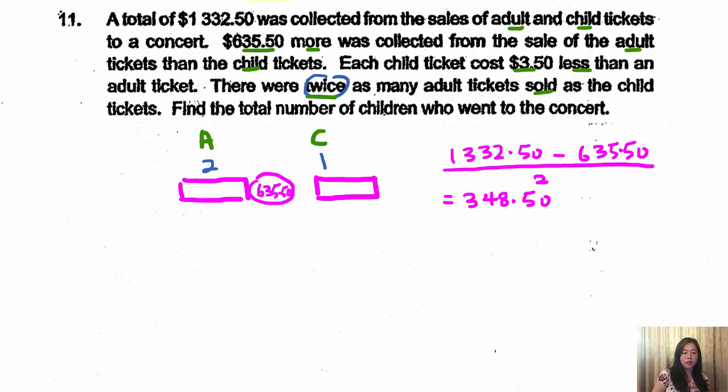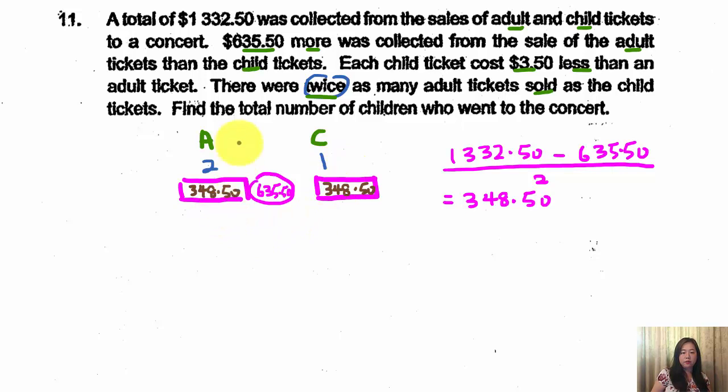So we can tell here that this is $348.50 and this is also $348.50. Notice that this is used to buy 2 sets of adult tickets, while this is used to buy 1 set of adult tickets.